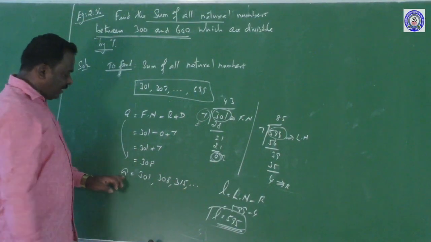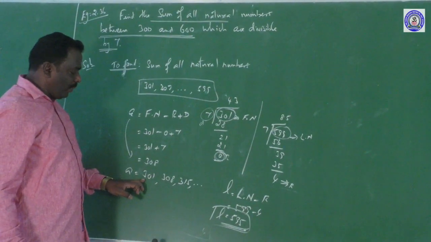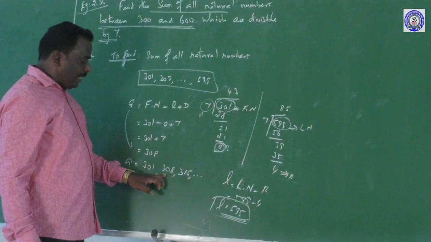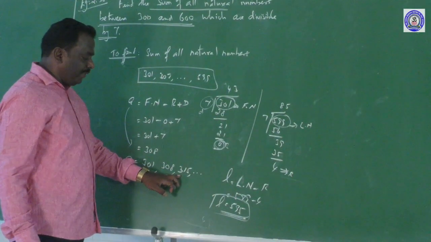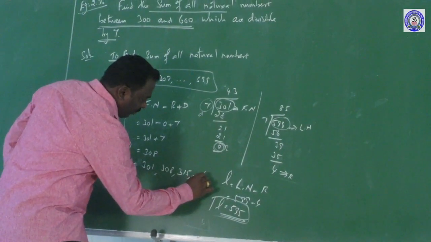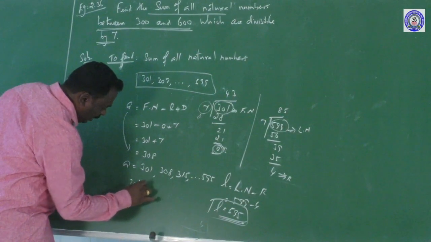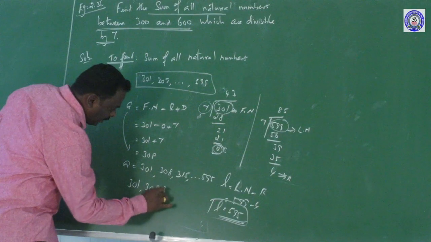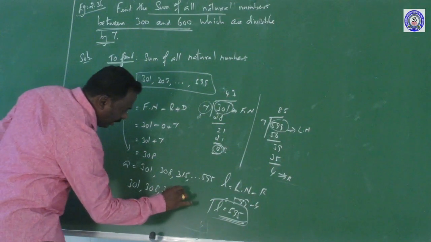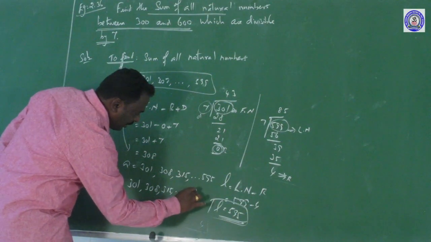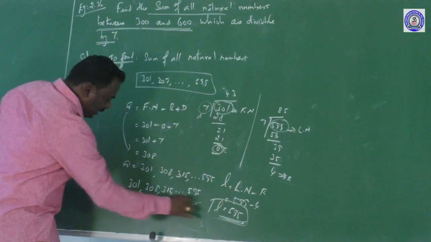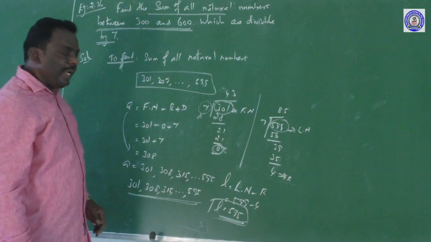So the first number is 301, the second number is 308, the third number is 315, and the last number is 595. Therefore 301, 308, 315, and so on up to 595 are numbers divisible by 7.